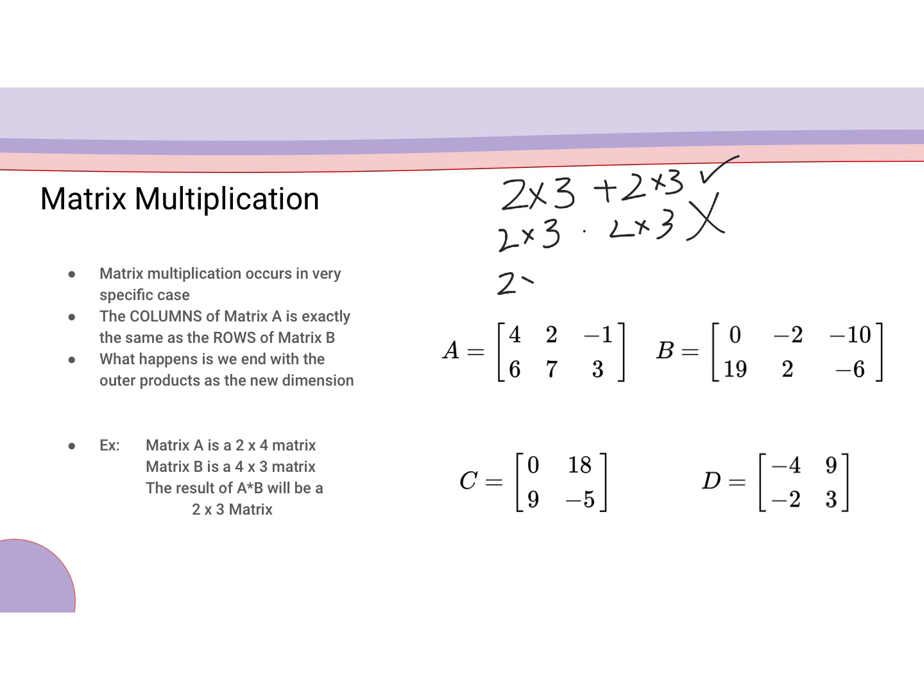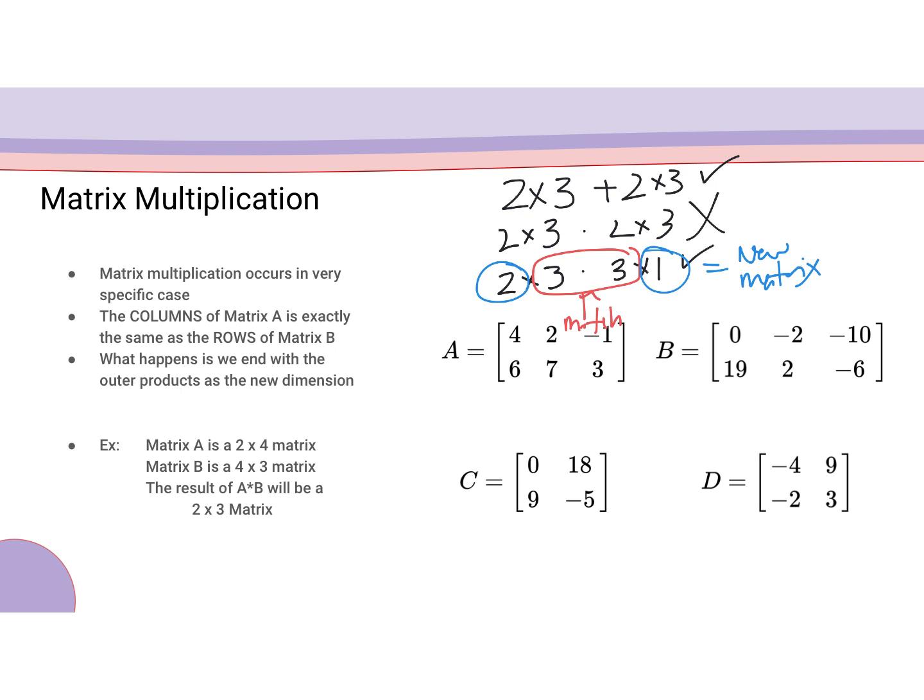But a 2 by 3 times a 3 by 1 does work. So what gives? What we need is what we call the inner product. The two inner numbers need to match. And what's going to end up happening is the outer product, the two outer numbers, is going to be the new matrix.